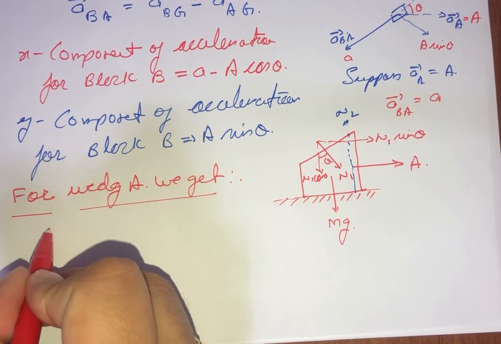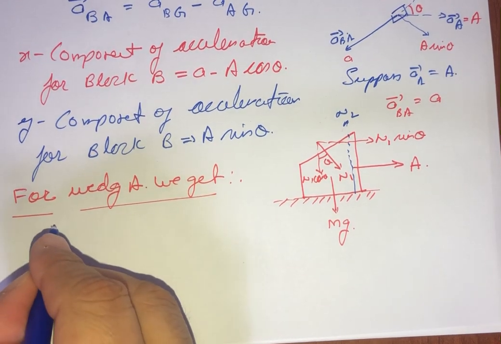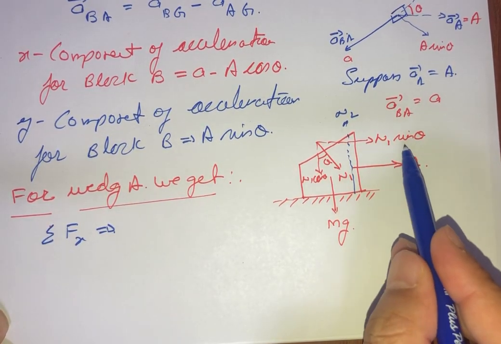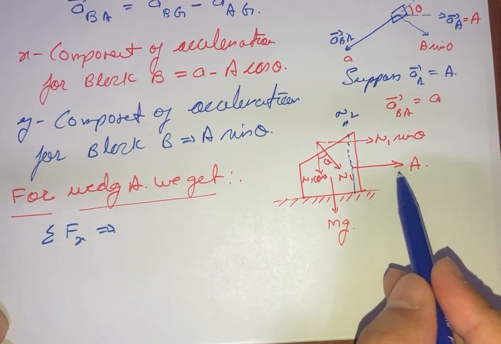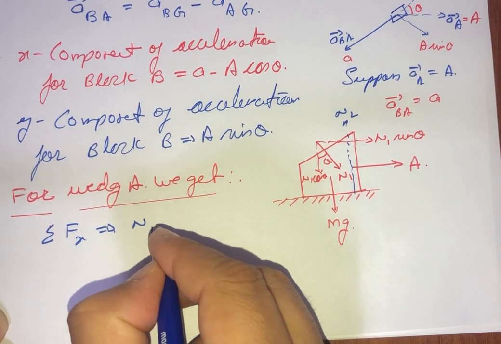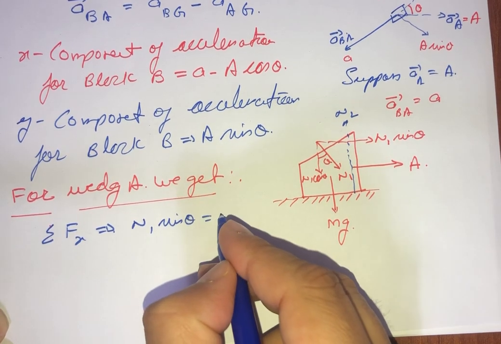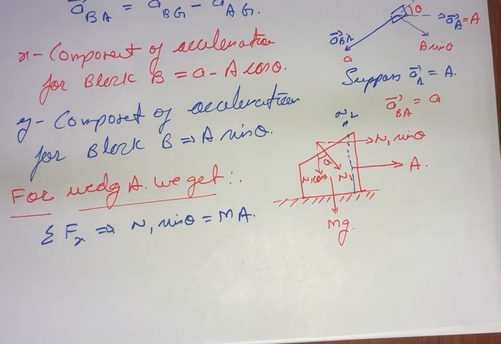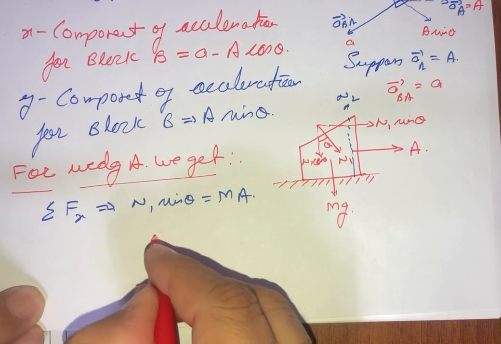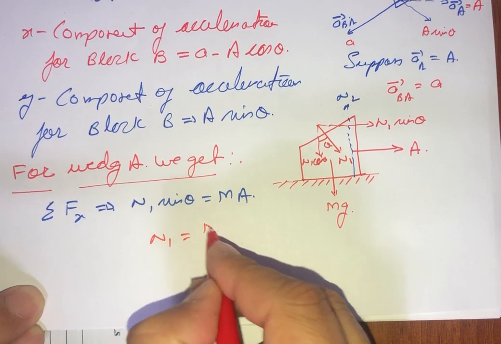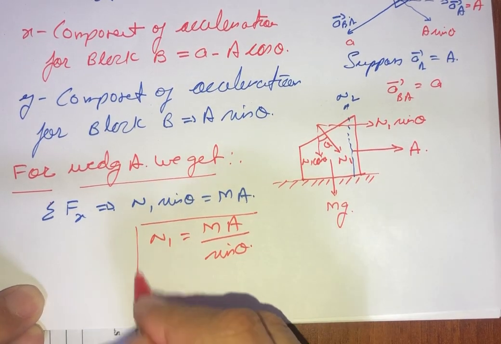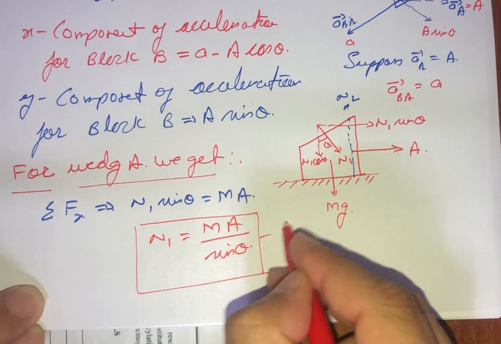The algebraic sum of Fx will give us N1 sin theta, and there is only acceleration A also in the x direction, so N1 sin theta will be equal to capital M A. And from here we can find N1. So N1 is equal to capital M A over sin theta. Let us call this equation number 1.